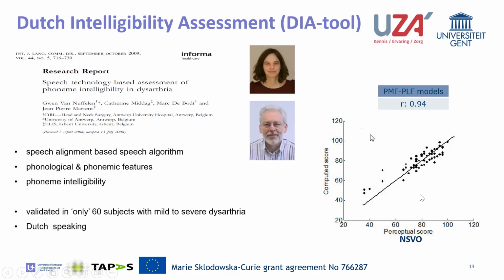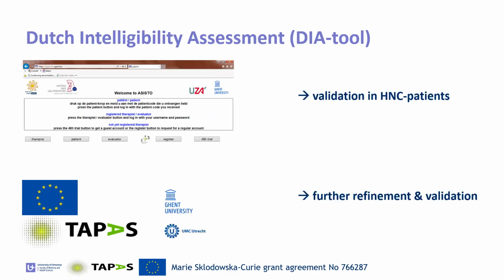And it's also validated in only 60, and that's between brackets, because only 60 patients with dysarthria, mild to severe. We had all those patients in the database, but also just Dutch-speaking patients with dysarthria. So that's why it's nice to see that there is a follow-up.